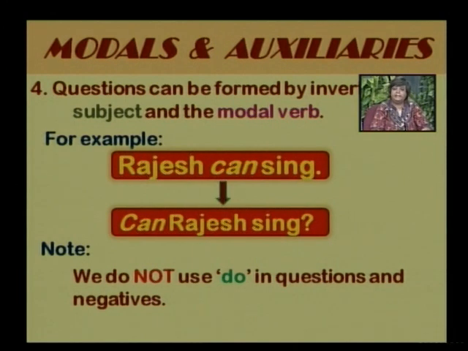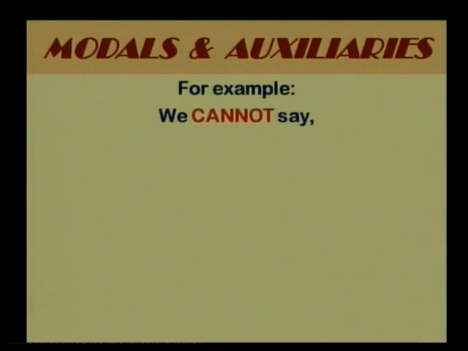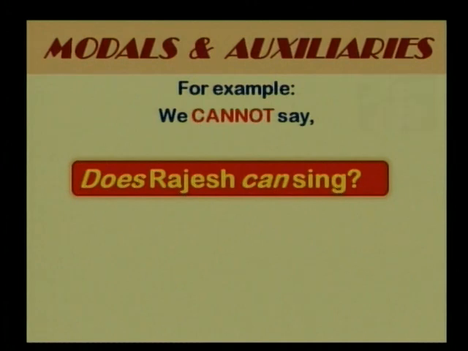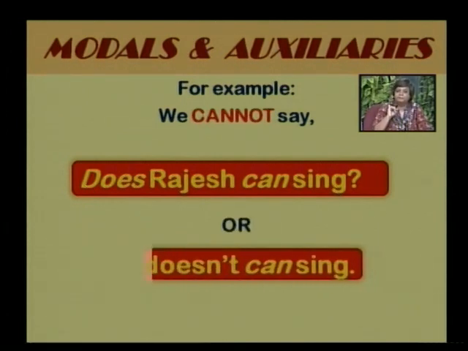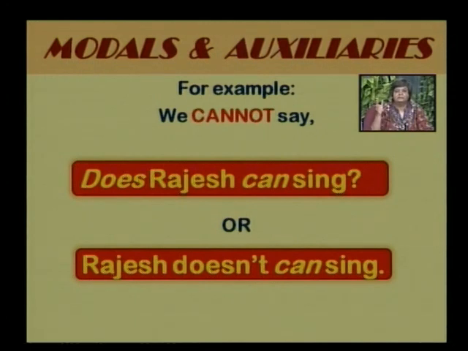How? Again, I'll show you an example. We cannot say, does Rajesh can sing? Can we make such a sentence? This is totally, absolutely wrong. Right? Similarly, we also cannot say, Rajesh doesn't can sing.